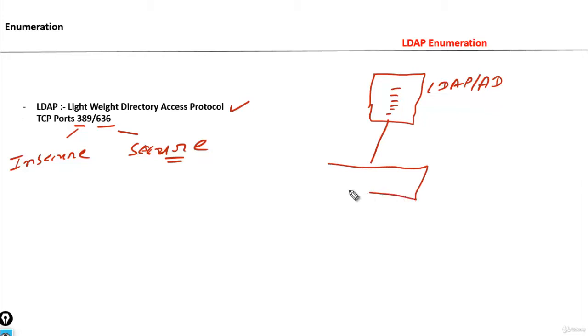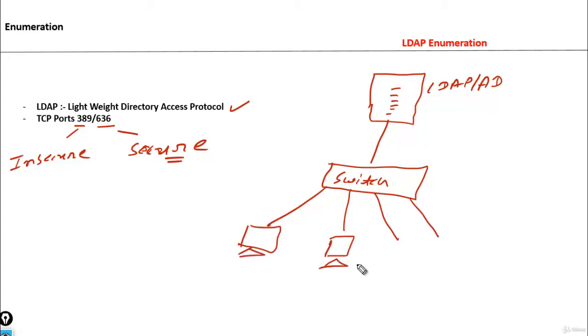Think you have one server in your organization working as LDAP or Active Directory, and this server is connected with the LAN environment of your company, and you have lots of client machines like that.